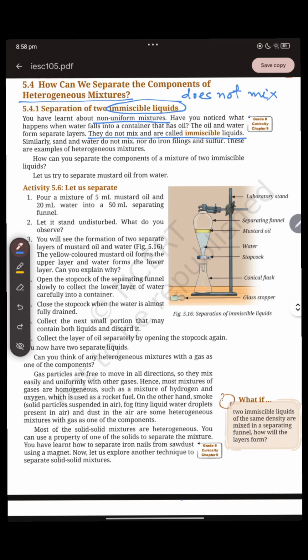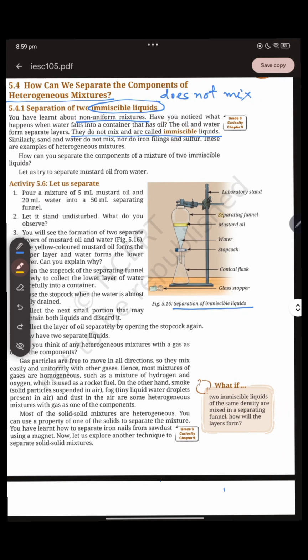Here, one such separation of immiscible liquids is done by using an apparatus known as a separating funnel. The liquids are separated on the basis of their density difference.